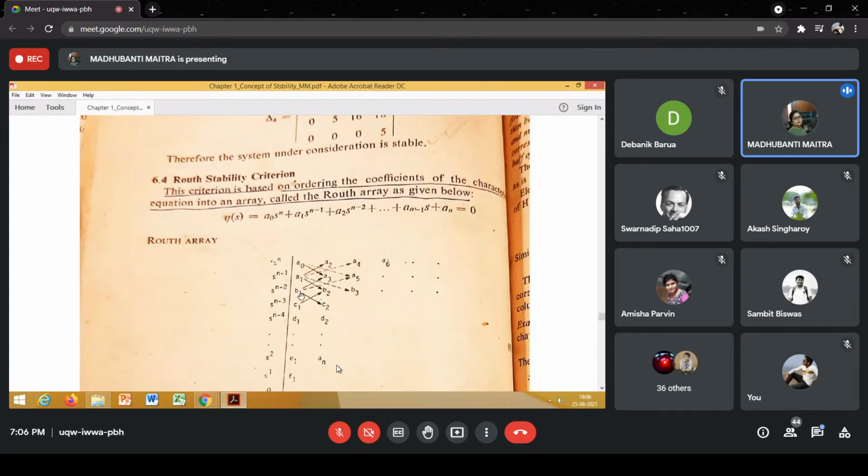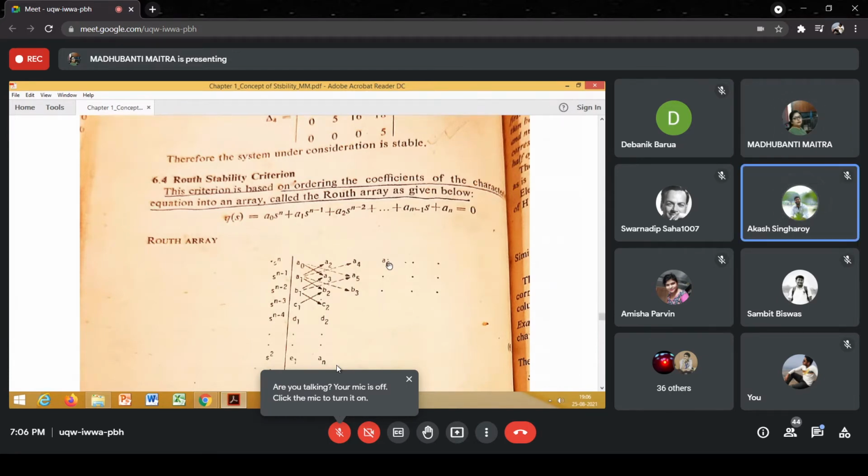So to compute the terms of this row, we'll have to take into consideration the terms contained in the previous two rows. So for computing B1, B2, B3, we'll have to consider the terms contained in this row as well as in this row. Clear?